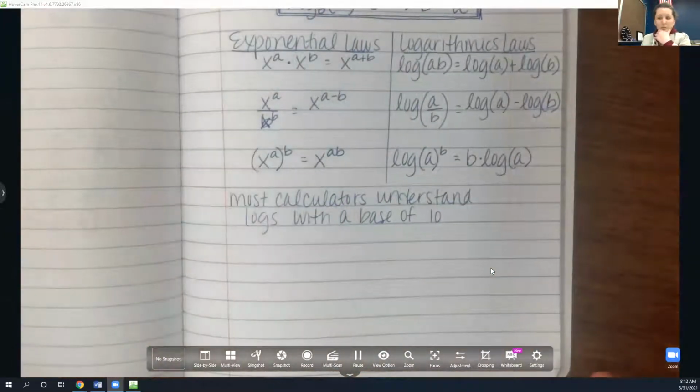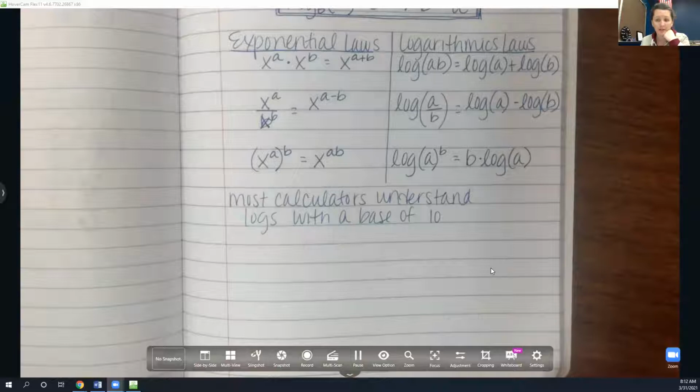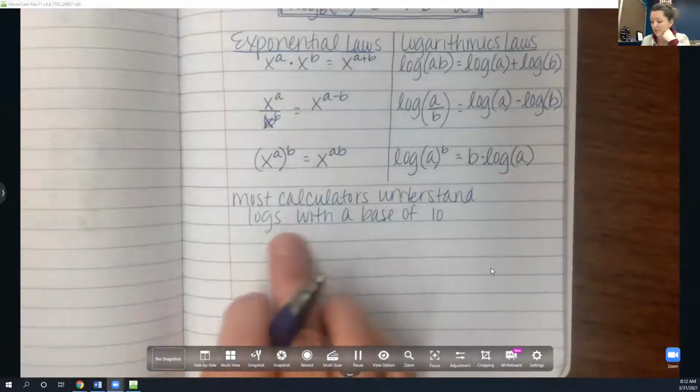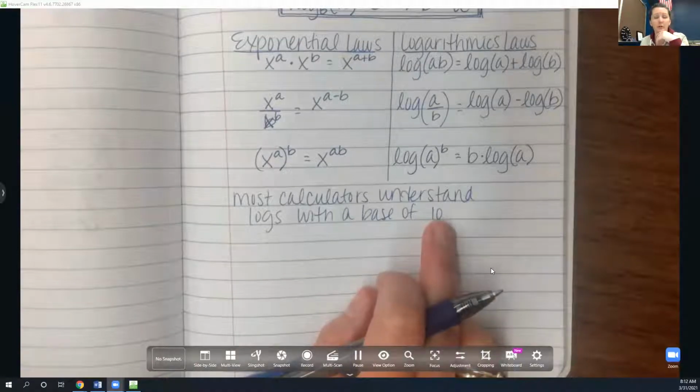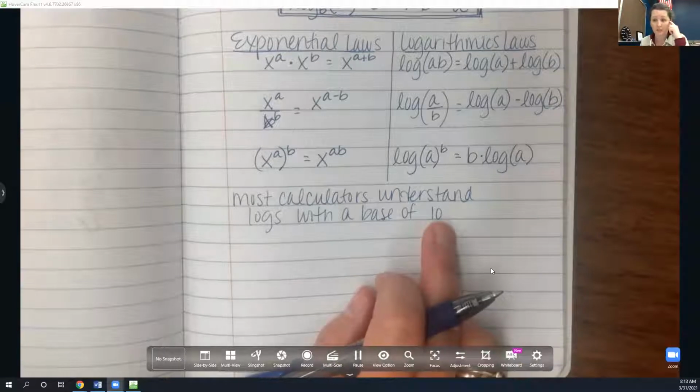So we'll learn pretty soon how to change the base. If I have a base that's not 10, what do I do? We'll learn that in our next section. But just know that when you're evaluating and you're plugging into a calculator, your calculator is only going to understand a base of 10. In your Desmos, you can plug in a different base. If you're in your Desmos Scientific, it only understands a base of 10. So we'll learn pretty soon how to change that base.